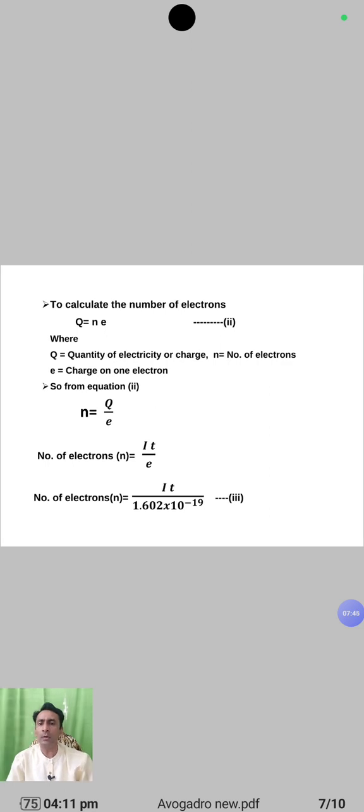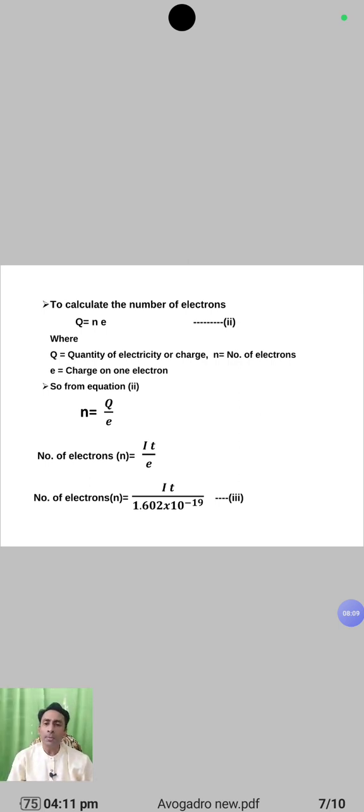Now how will you calculate the number of electrons? So there is an equation, Q is equal to Ne. Q is nothing but the quantity of electricity or charge, total charge. As I have already said, electricity is nothing but movement of charge, movement of electrons.